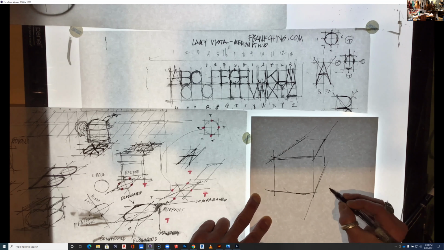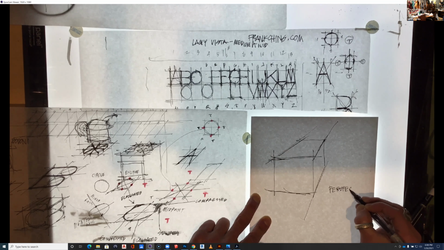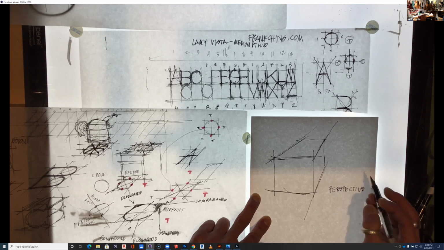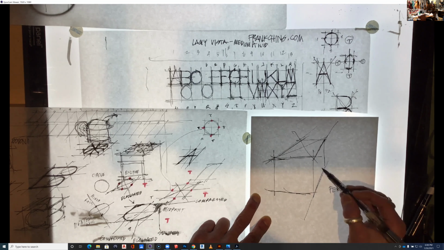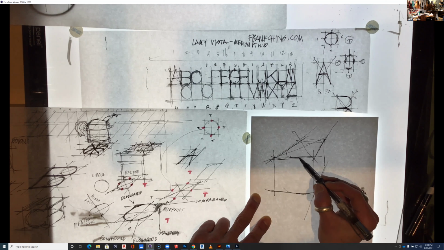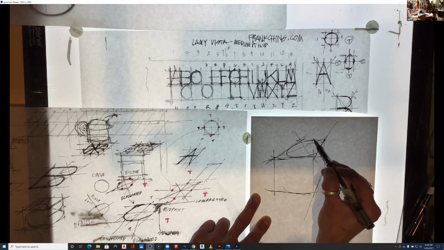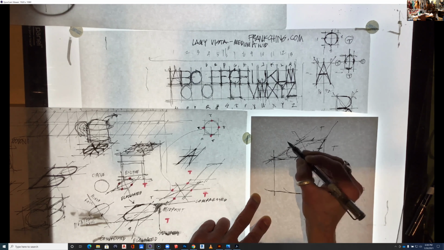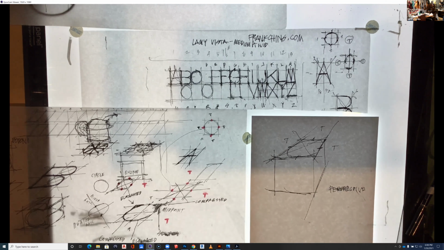This is perspective. The same rules apply. Tangent, tangent, tangent. But we're not going to go there yet, because this is a ton of work already, right?